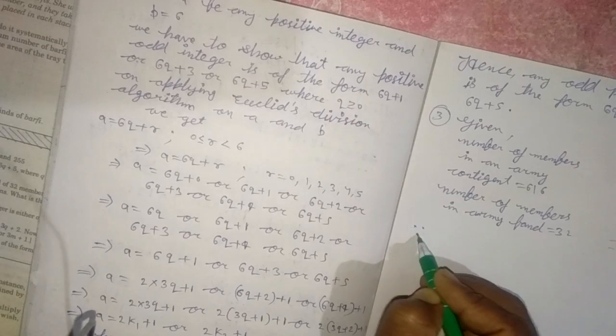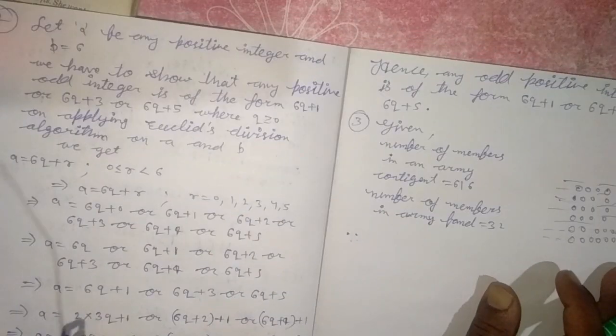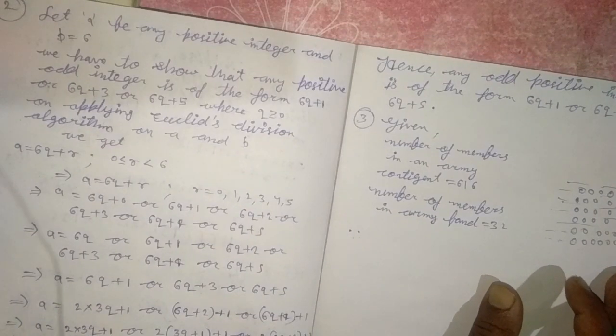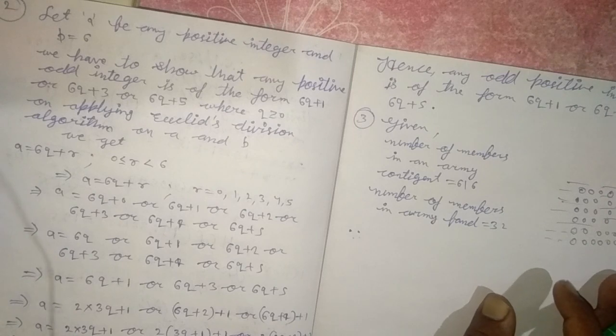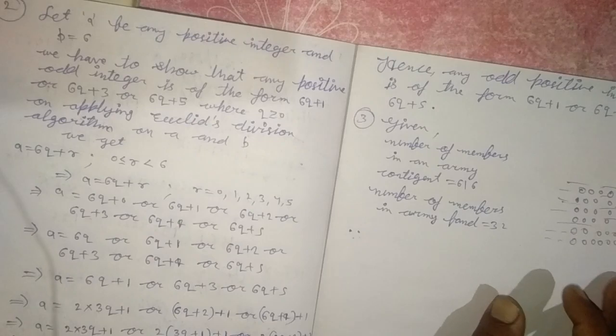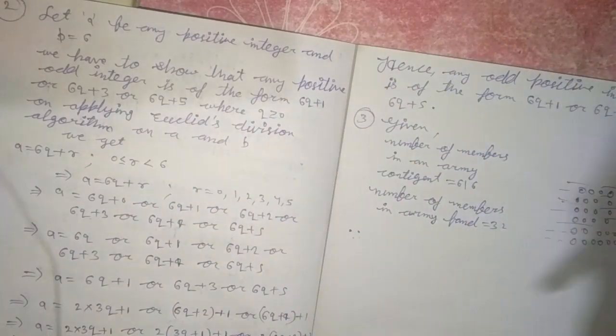So we observe that in both groups, the first group being the army contingent and the second the army band, the given condition in the question is that both groups have the same number of columns.